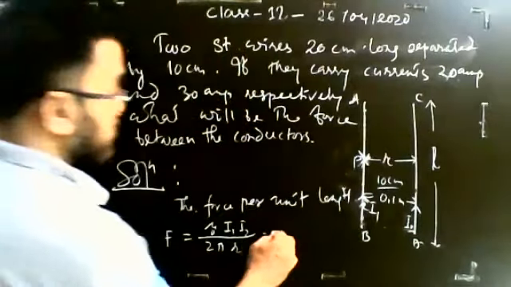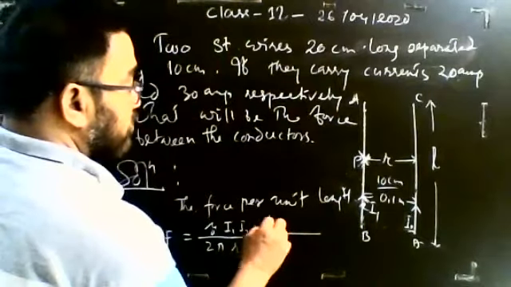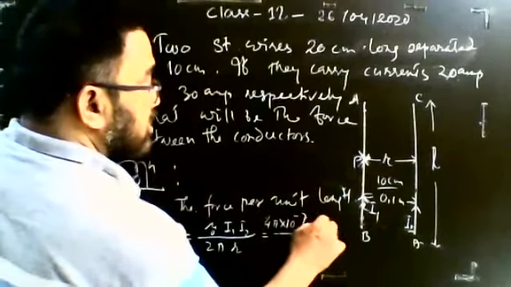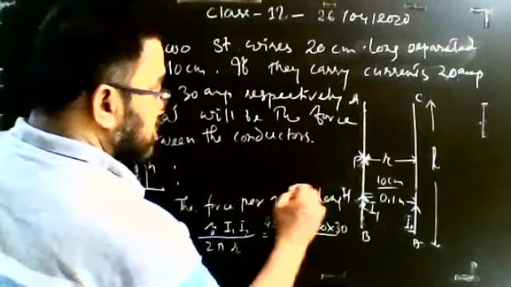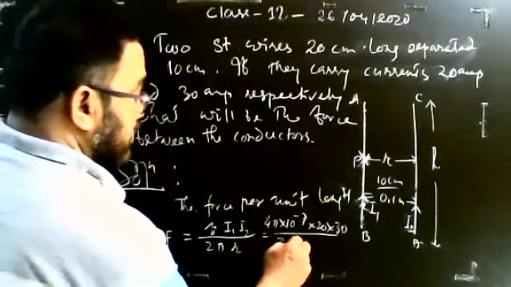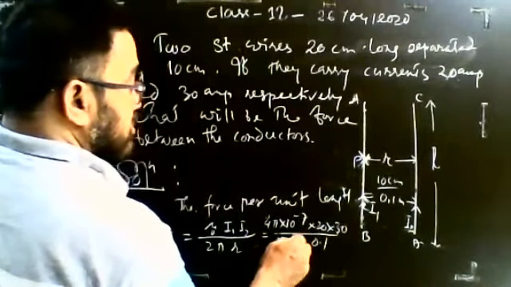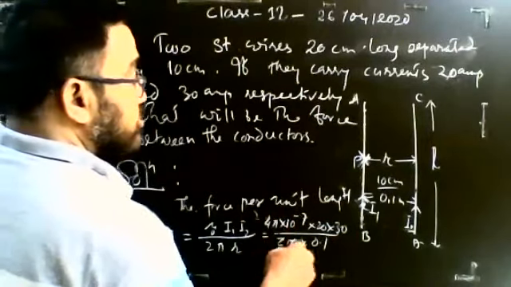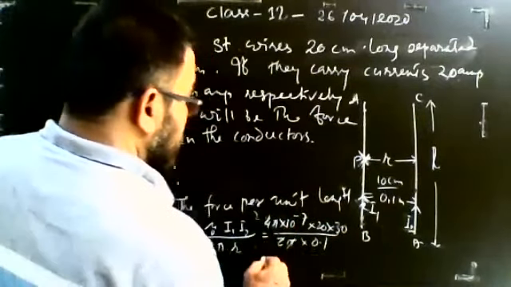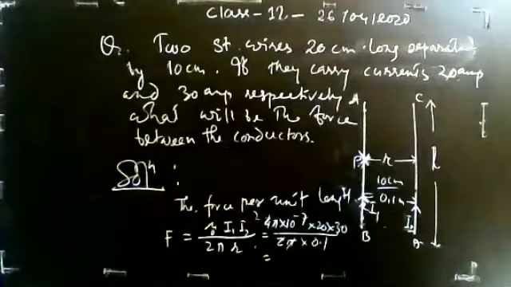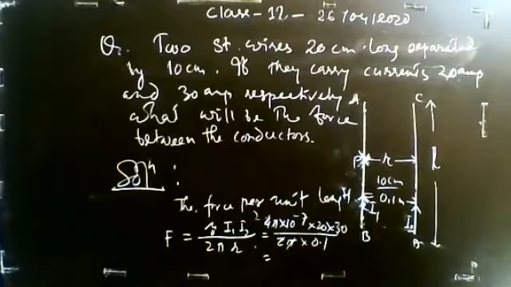I1 is equal to 20, I2 is equal to 30, twice pi times 0.1. So the 2 will be cancelled. Okay, so we have to solve it, and we will get the value as 1.2 into 10⁻³.